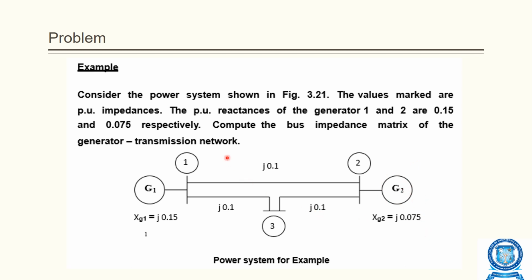The impedance value from bus 1 to 2 is j0.1, from 1 to 3 is j0.1, as well as from 2 to 3 is also j0.1. The reactance of generator 1 is given as 0.15 per unit, and generator 2 is given as Xg2 equal to j0.075. It is mentioned in the question itself.